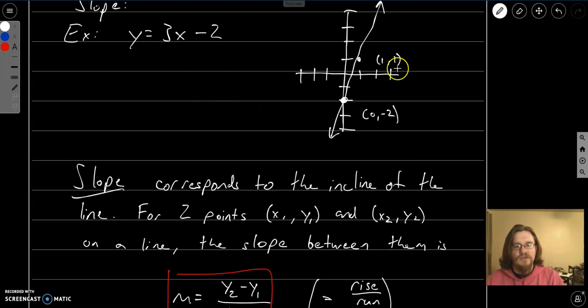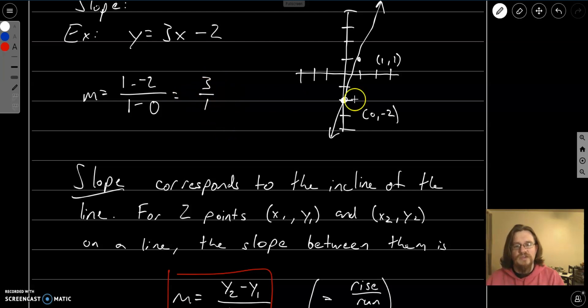Our 2 points will be (1, 1) and (0, -2). So for the y values, I'll take 1 for this top one, and I'll subtract the bottom one. And then for the other one, I'll take, again, the x value minus the other x value, and we'll get 3 divided by 1.